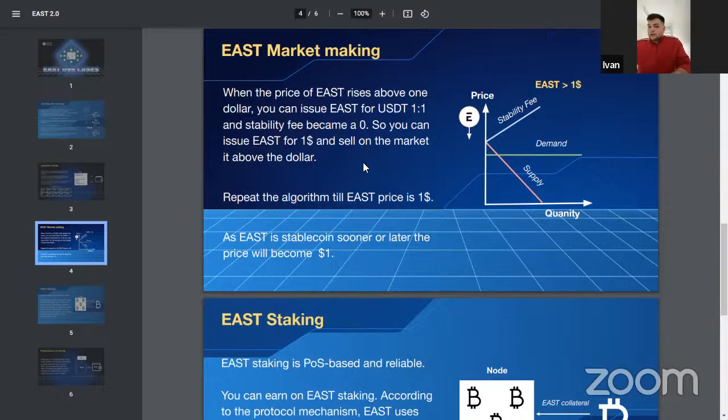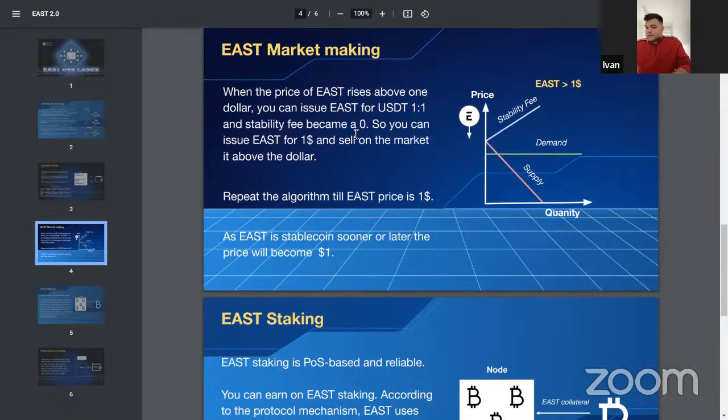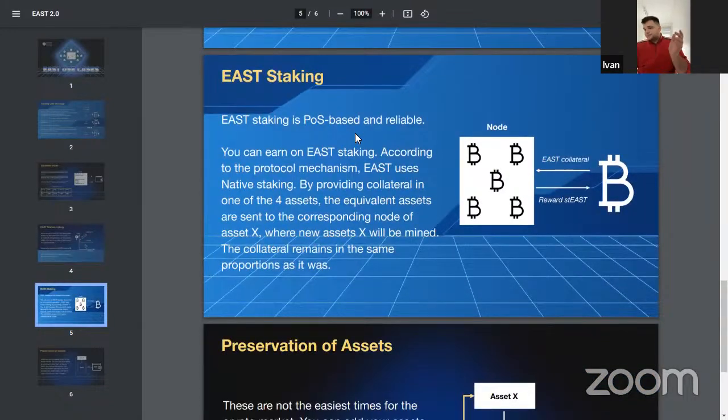The next interesting use case is staking. We have a very important thing in our protocol: an asset that can be used in proof of stake. Our staking program is based on proof of stake.